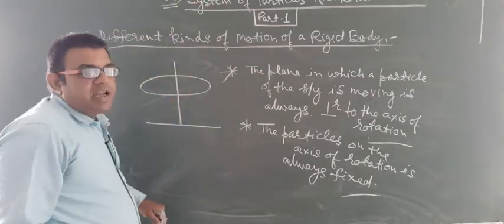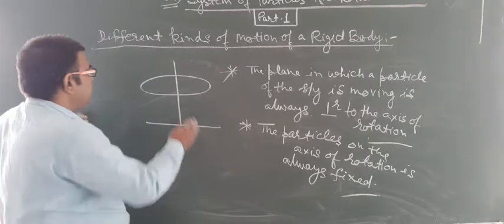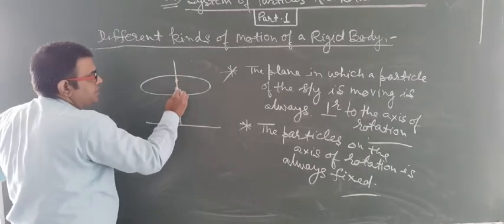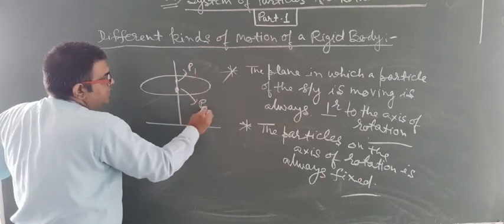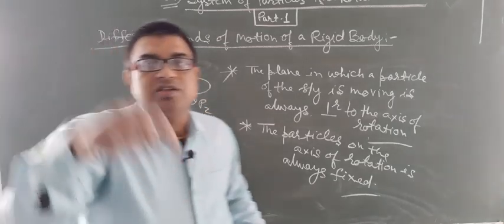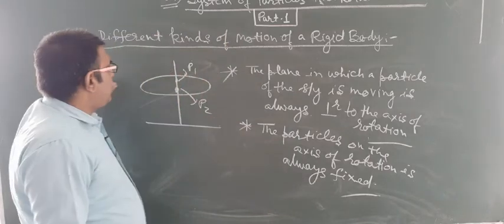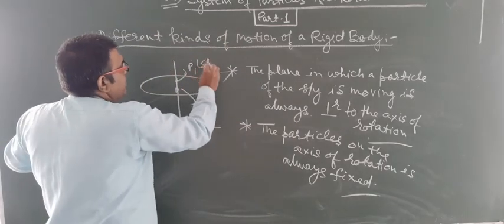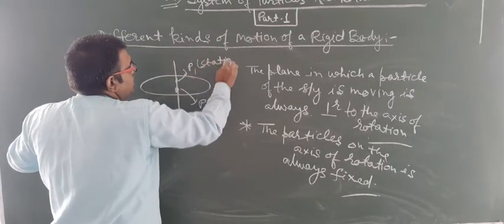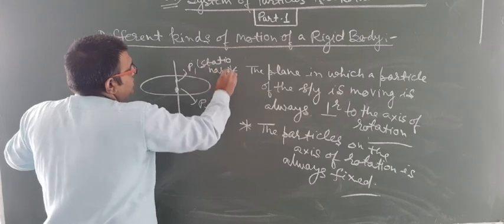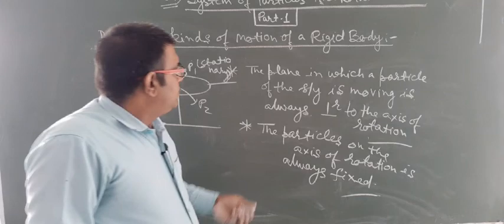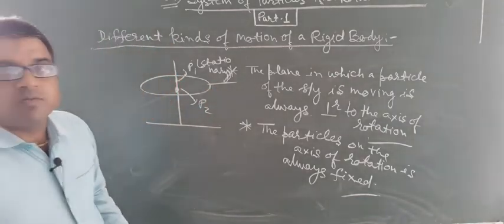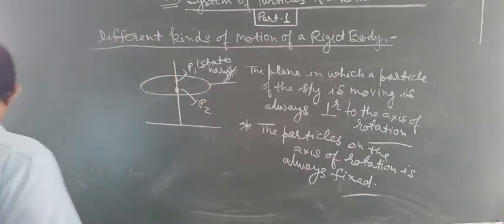And the second thing is that whatever particles are on the axis of rotation, if this is P1, this is P2, these are the particles on the axis of rotation, so these particles always remain stationary. So these are the points about rotational motion which you have to know.